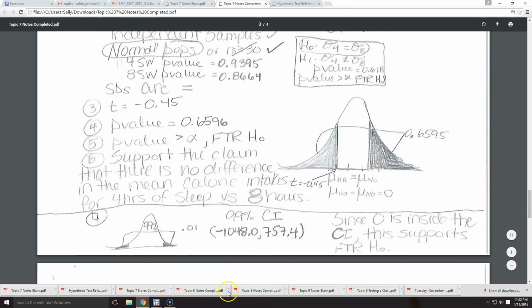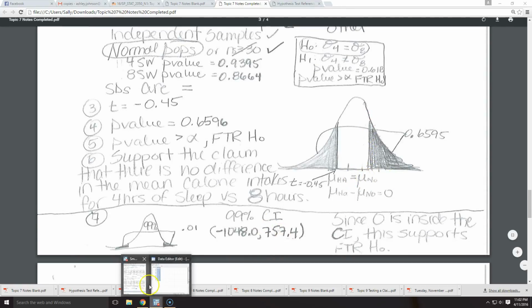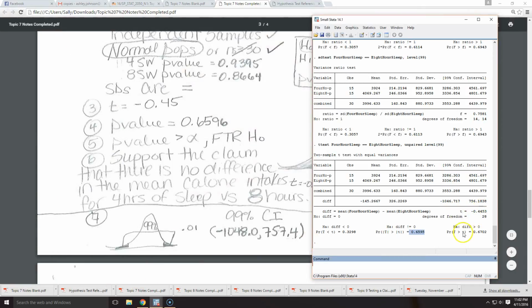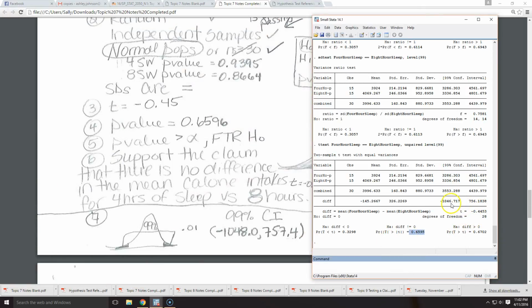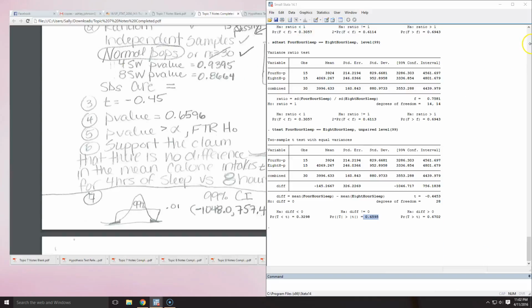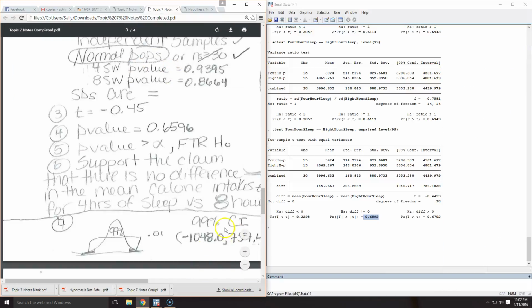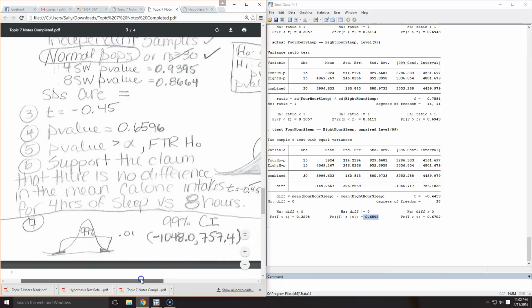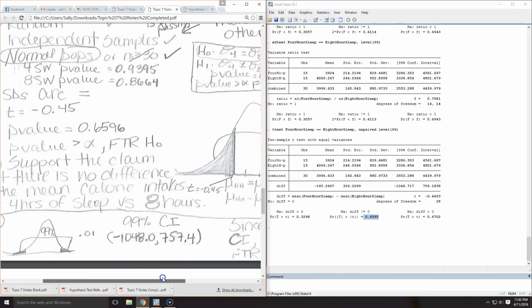So lastly, the confidence interval that we end up getting is 1048.0 to, what's my confidence level here? Yeah, it's 99. All right, I'll have to put a note on it. So off by a little bit.